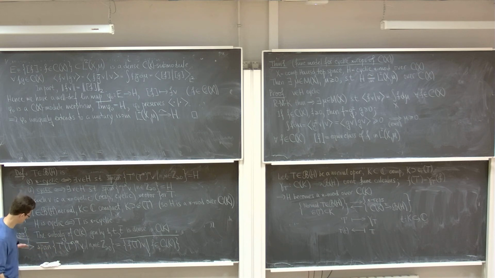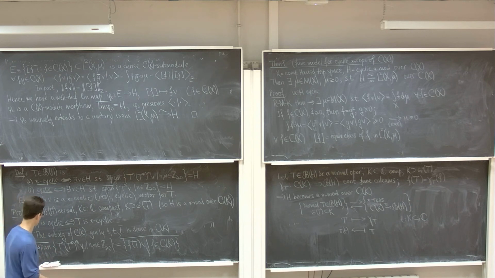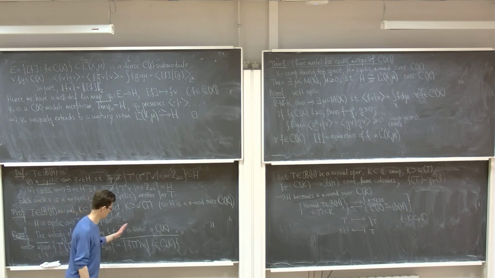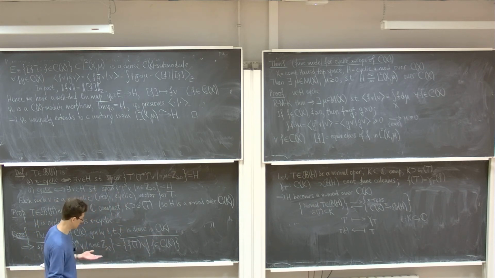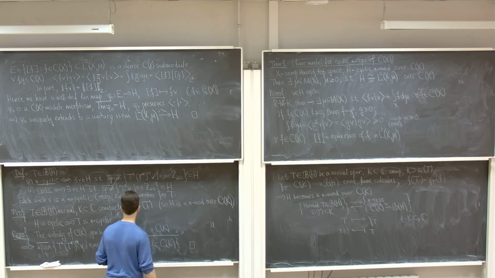And so when we take the closure of the linear span, these subspaces are equal. So in other words, this subspace equals H if and only if this subspace equals H, which means exactly that H is a cyclic module. So this completes the proof.